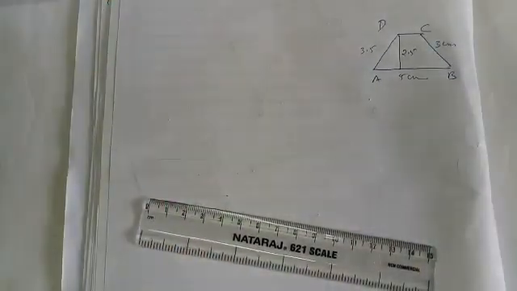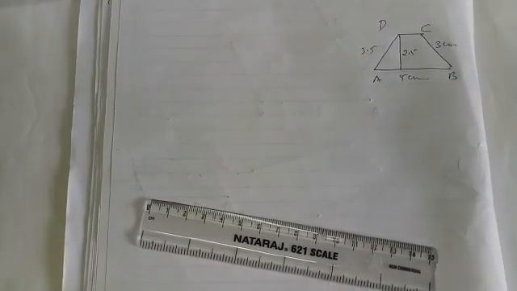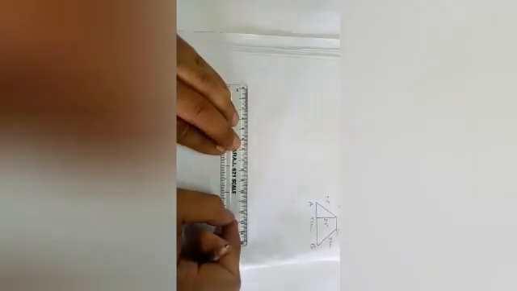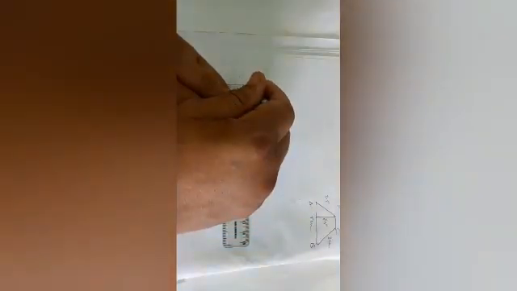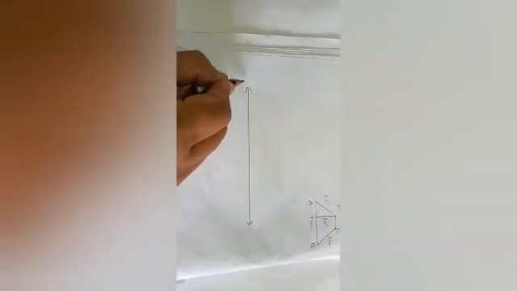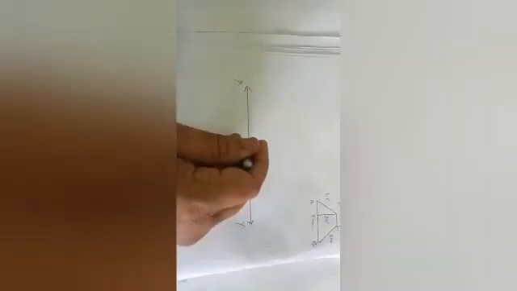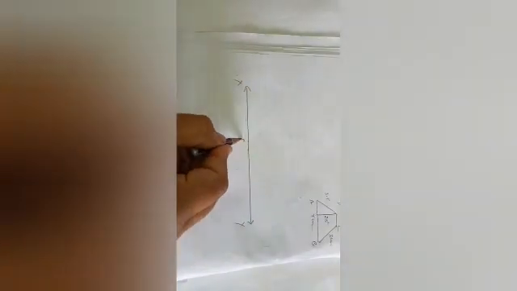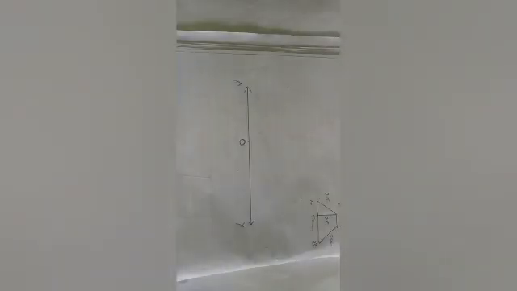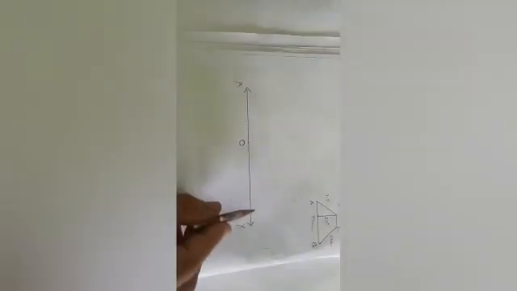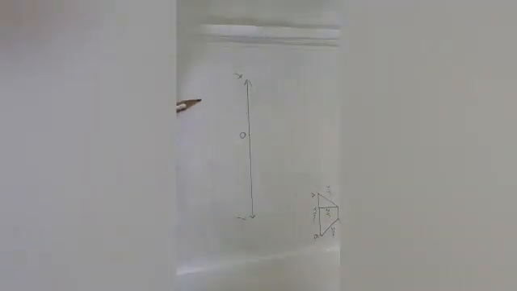So we will draw a line segment XY without measure. Don't take any measure. X, Y. Then on the line XY, take a point O. From point O, draw a perpendicular.